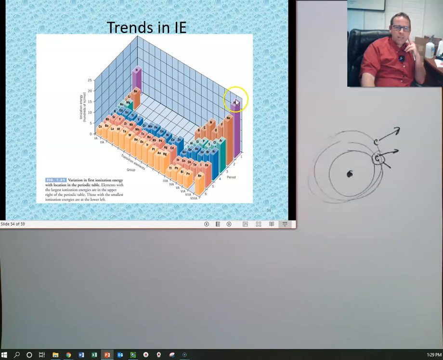So why do you think helium, the nucleus with its electrons, why is it harder to remove an electron from helium than it is from radon, Catherine? There are fewer electrons? That's right. If you have 2 protons and 2 kids, it's going to be hard to remove one of those kids.